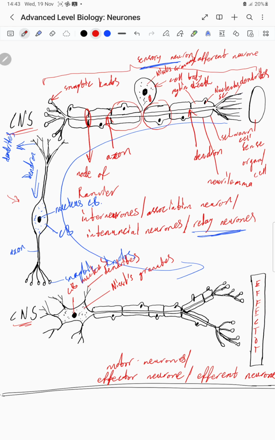We have the Schwann cell, and in the Schwann cell we have the myelin sheath.